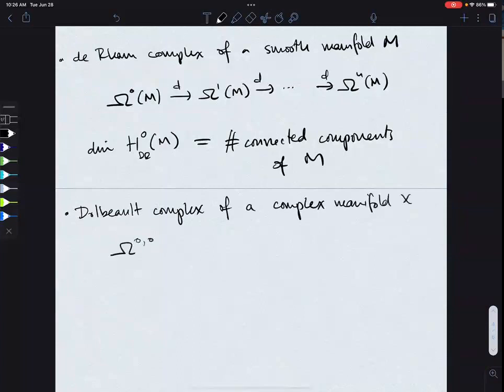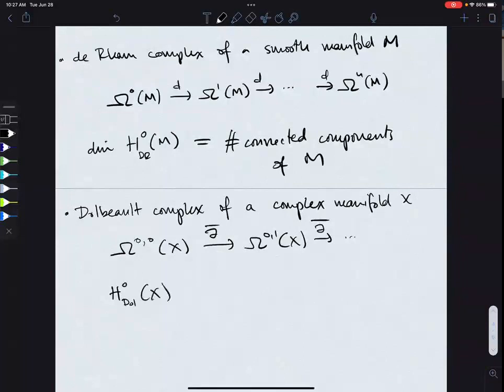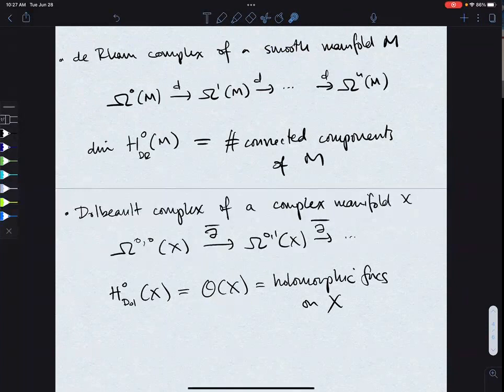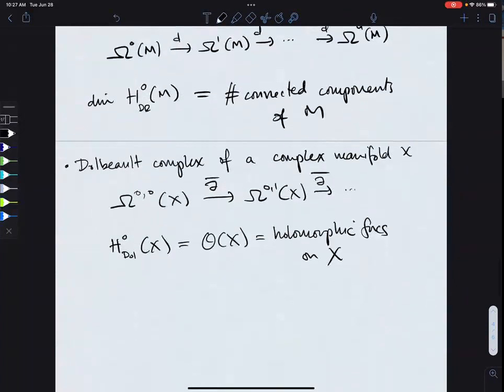I'm not going to tell you what it is, but I will tell you that the operator is this del bar operator, which characterizes holomorphic functions. The zeroth cohomology of the Dolbeault complex tells you what the holomorphic functions are on your complex manifold. The higher cohomology knows more subtle things about the complex geometry of the manifold.